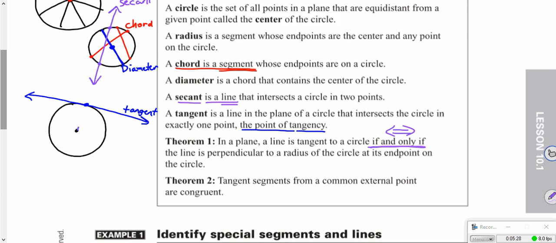Remember that if and only if means it is biconditional, it goes both directions. So what that means is if I have a radius here, this theorem is telling me that a radius that goes from the center to the point of tangency will be perpendicular. It has to be perpendicular to that tangent line. So the radius must be perpendicular to the tangent line.